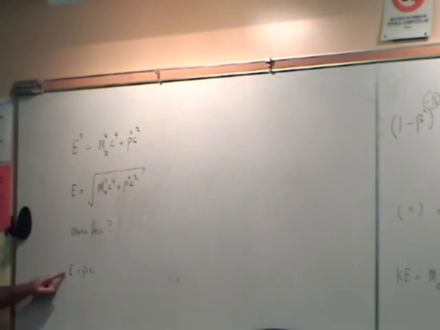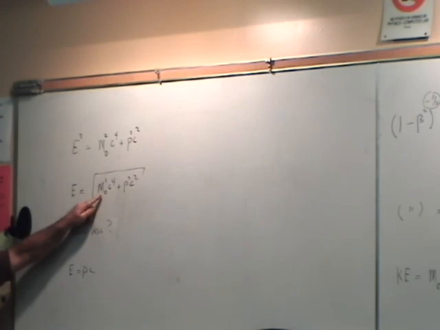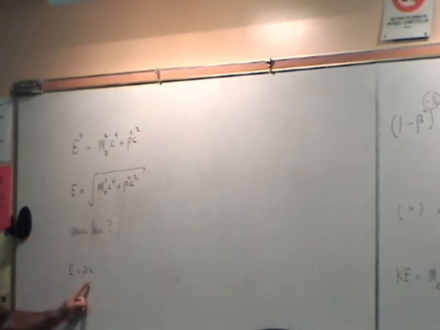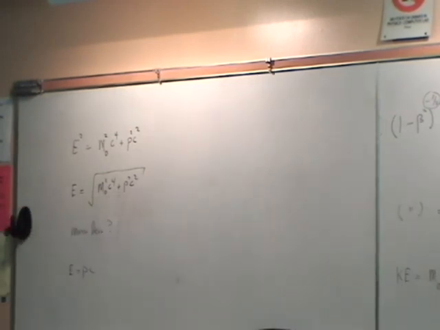In a massless particle, the energy is the momentum times the speed of light. If it's not a massless particle, then the energy must include the rest mass energy. No rest mass energy, and it gets more simple than that. All right. This is so exciting.